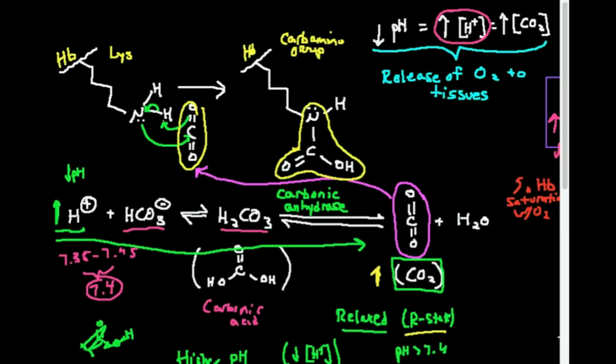And whenever you have carbon dioxide bound to the hemoglobin in this manner, the tendency is to favor O2 dissociation. In other words, it disfavors oxygen binding. It tends to make oxygen dissociate more easily, ultimately to feed the tissues.